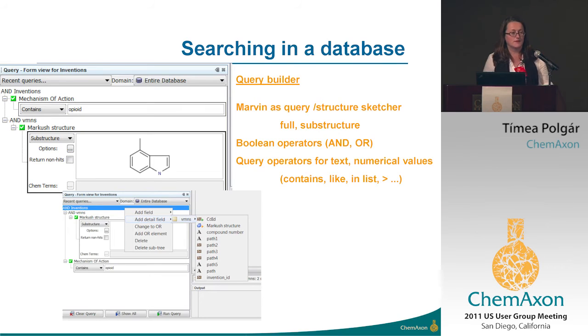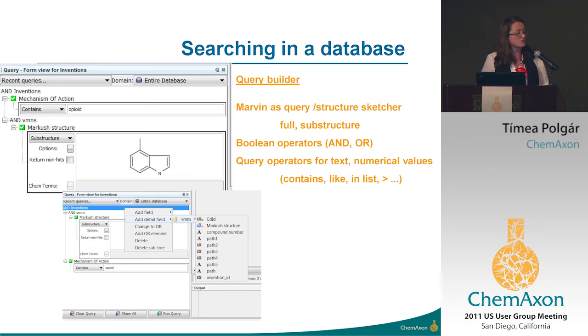So when you have a database filled with Markush structures, you can execute a search. This is also the Instant JChem interface, the query builder. You can use Marvin Sketch for query drawing. What kind of searches can we do?